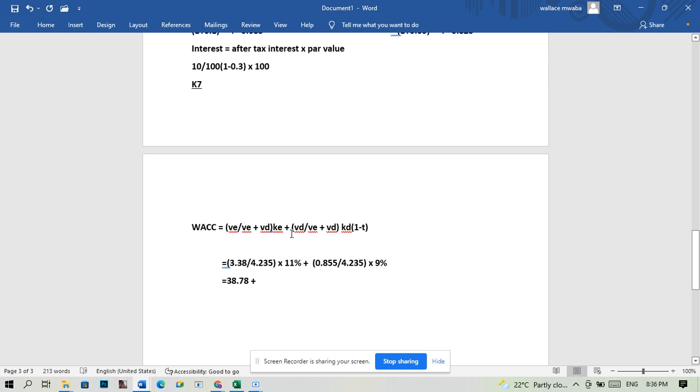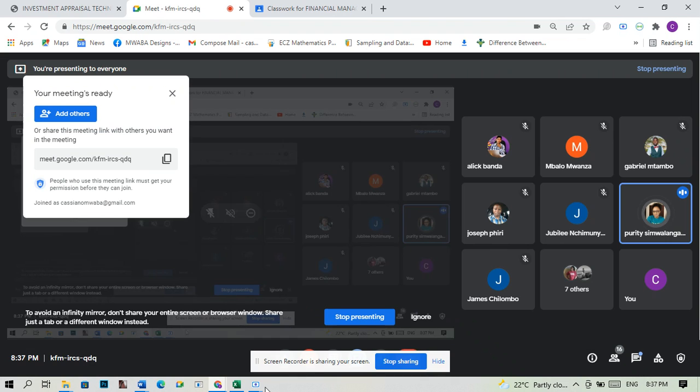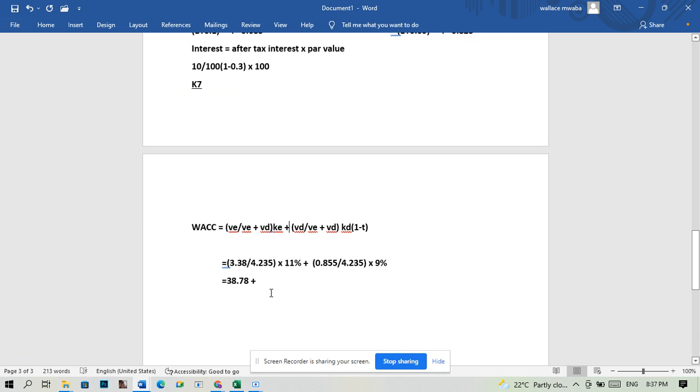What he's saying is that when we find the value of equity divided by the total capital, we put that value separately, and then we add the one for the value of debt divided by the value of equity plus the value of debt, multiplied by the cost of debt. So we put the figures in step by step. We put the 8.778 alone, plus now the value of the second part.